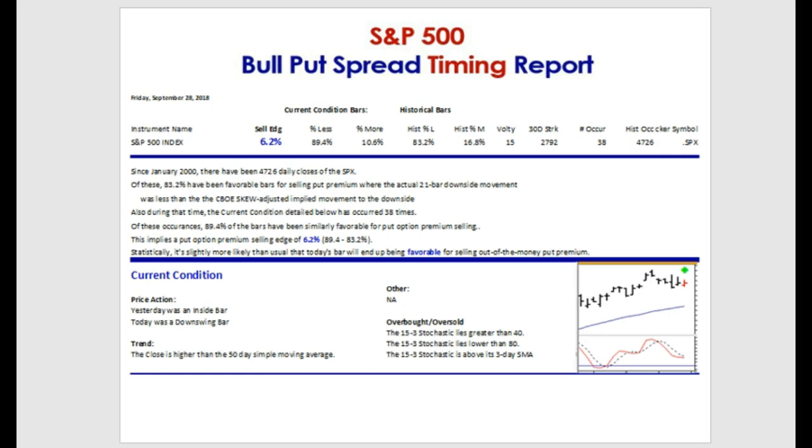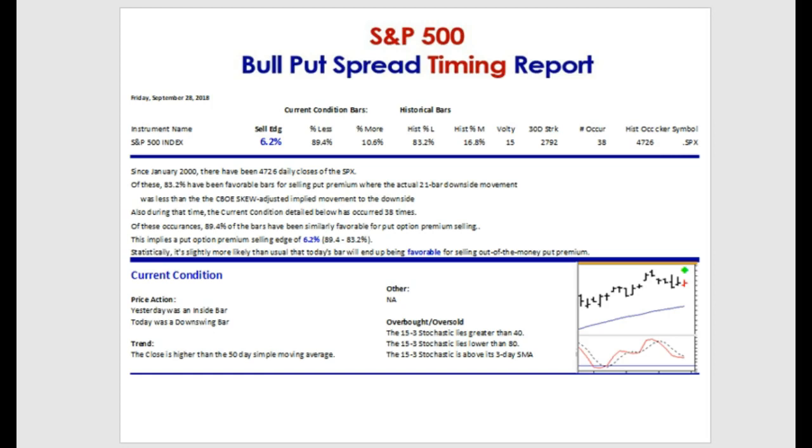Of those 4,726 daily closes of the SPX, 83.2% of the time, all right, we've had favorable bars for selling put premium like this, where the actual 21 bar downside movement, not general movement, but only the downside movement, 83.2% of the time, the downside movement was less than what the CBOE's skew-adjusted VIX was implying to the downside.